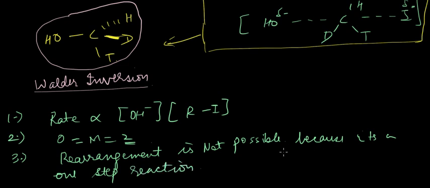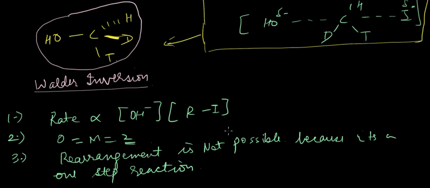So the rate depends on the nucleophile. This is the nucleophile and this is the halide. The nucleophile will attack from the backside of the leaving group, therefore inversion of configuration takes place.